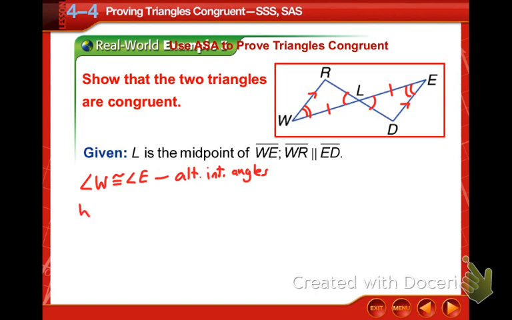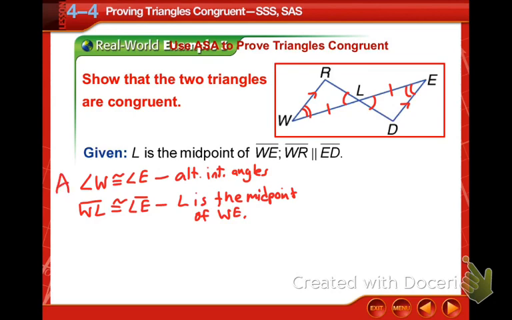Where WL is congruent to LE because L is the midpoint of WE.